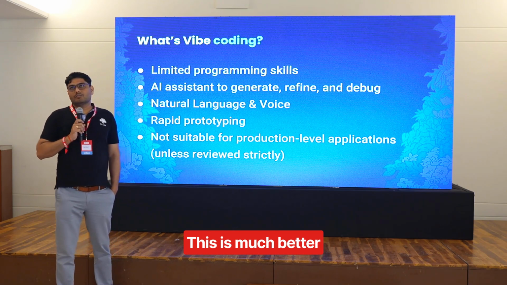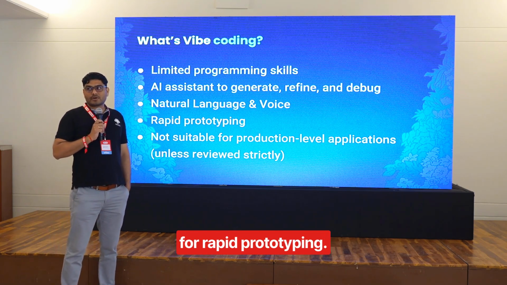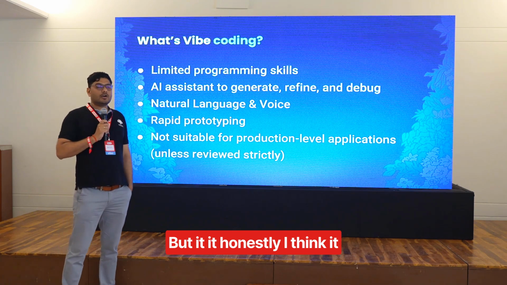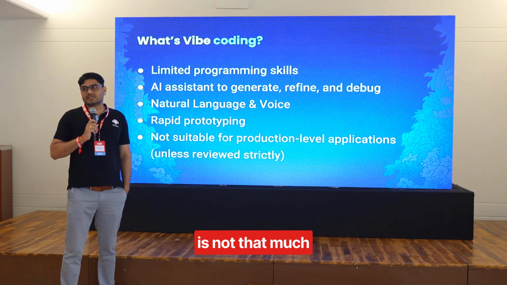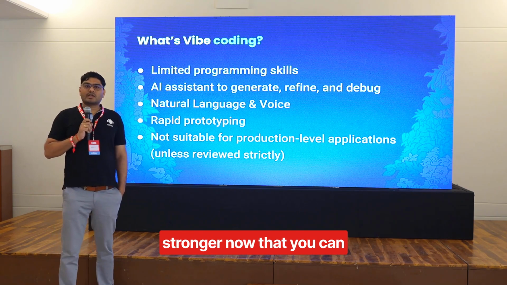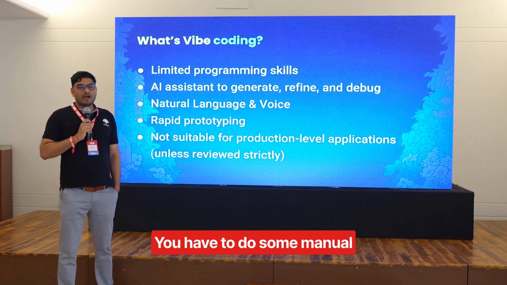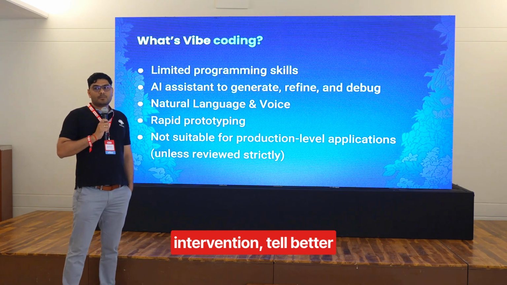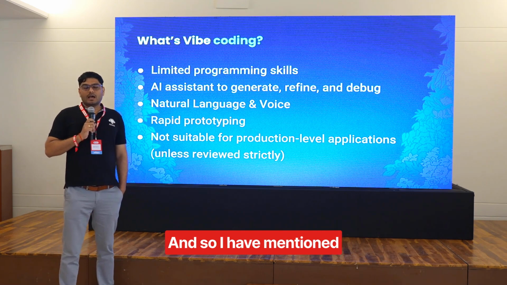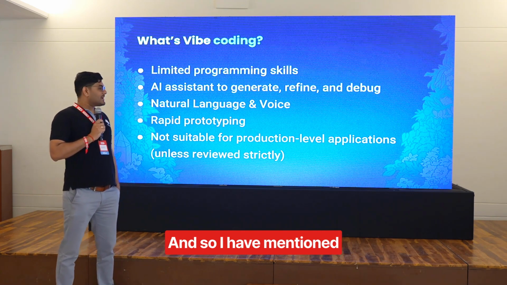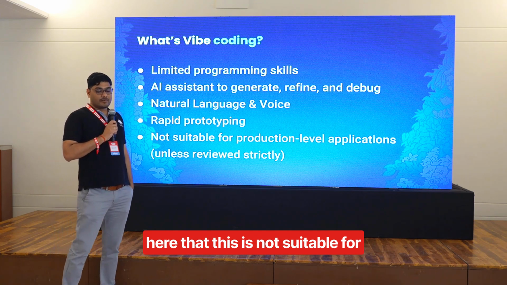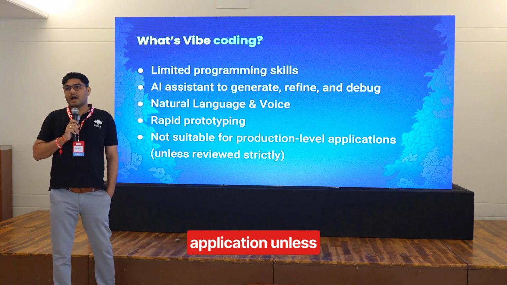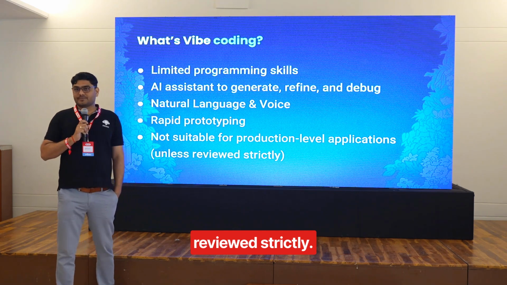This is much better for rapid prototyping, but honestly, I think it is not yet strong enough that you can completely rely on it. You have to do some manual intervention, like giving better prompts to the AI. And I have mentioned here that this is not suitable for production level applications unless reviewed strictly.